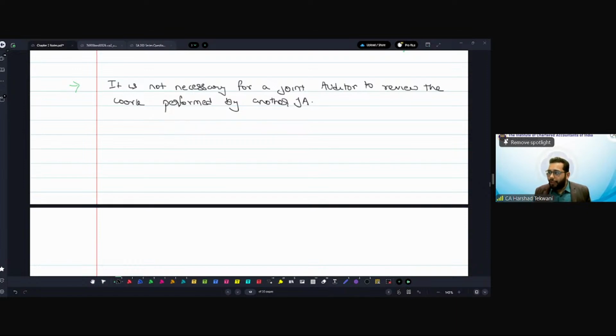Now, what we will do is quickly go through the section of SA 299 from the module, and see how it is given over there, so that when you are reading from the study material, you are able to understand whatever we have discussed. It will also keep things refreshed, and you will be able to understand very quickly.